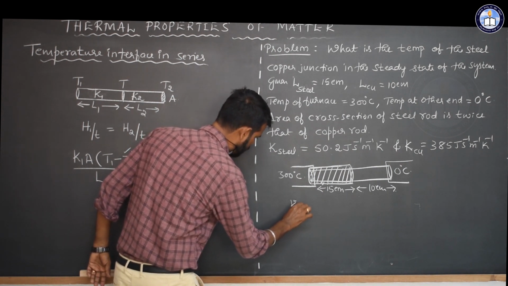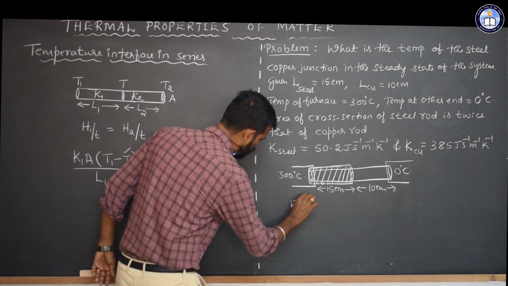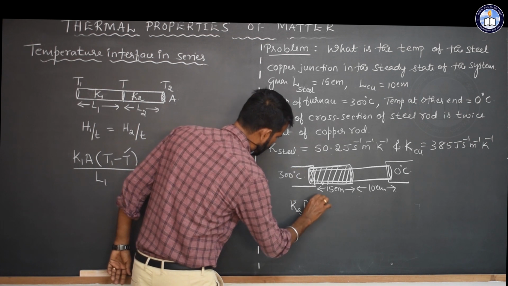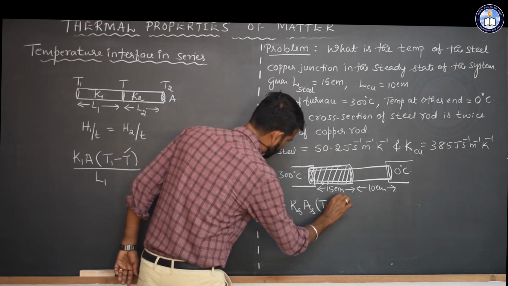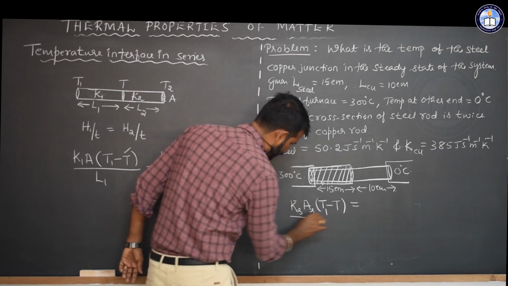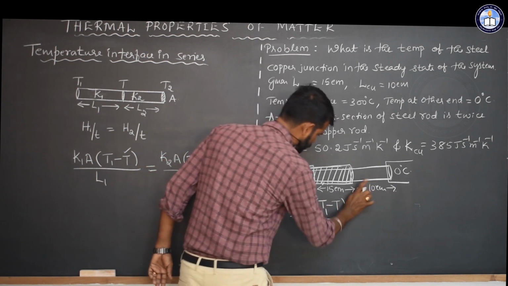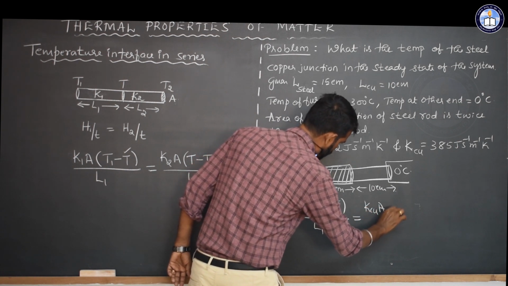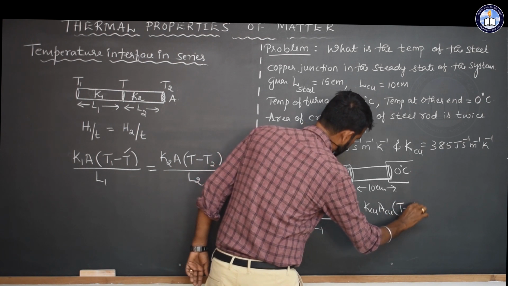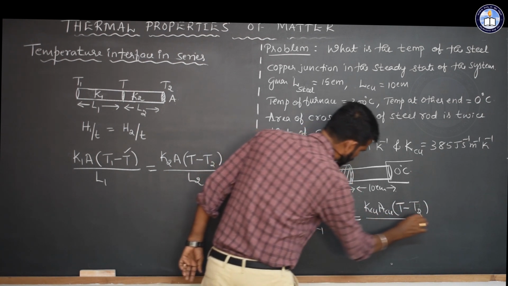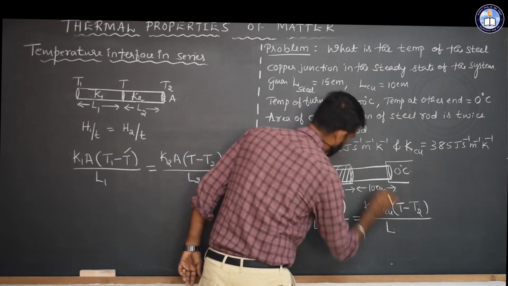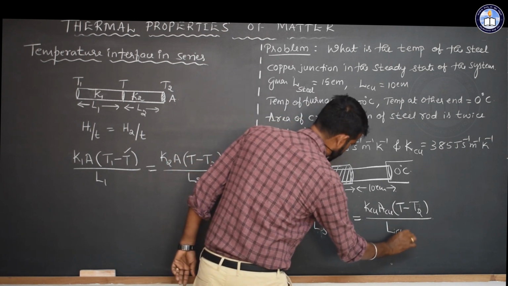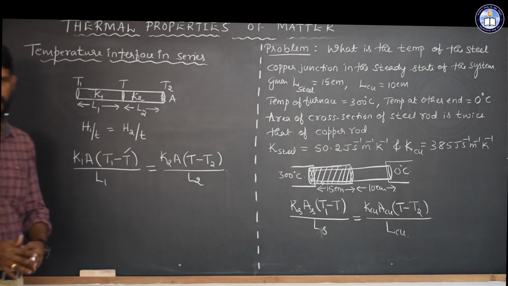K1, that is K steel, into area of steel rod into T1 minus T divided by L1 is equal to K copper, area of copper into T minus T2 divided by L2, where L1 is the length of the steel rod and L2 is the length of the copper rod. Then I can substitute the values here.